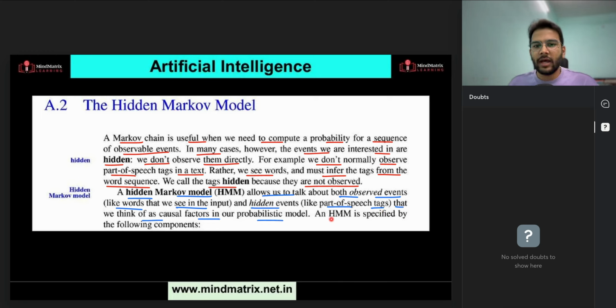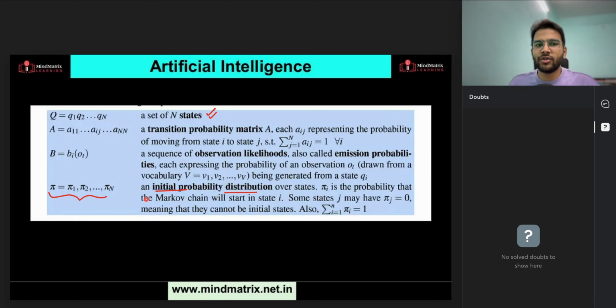As previously discussed, we have a set of N states, right? We also have the initial probability distribution, if you remember from the previous class, telling us from which state we are going to start. So the probability distribution over all the states is provided to us. We also know the transition probability matrix.